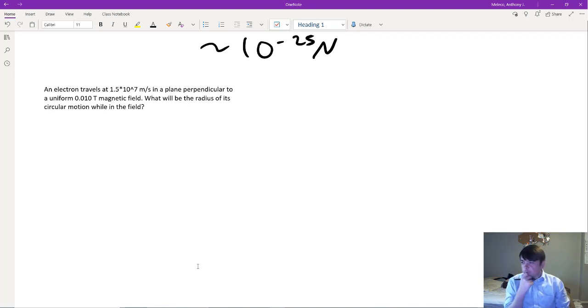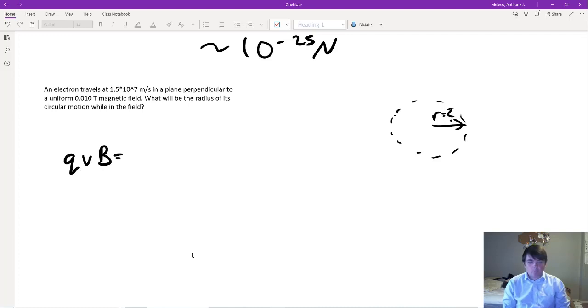So if you remember, an electron while traveling in a field, or a positron, or any charged particle moving in a constant field like that, will end up just moving in a circle, right? And so we want to just know what is the radius of that. Okay, and so what we can do is, if you remember the equation that I wrote before, and then you cancel velocities on both sides.